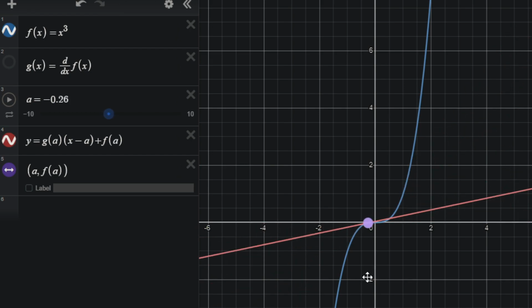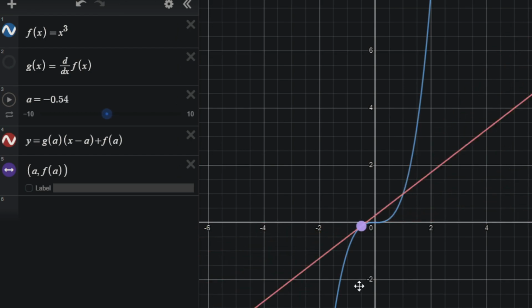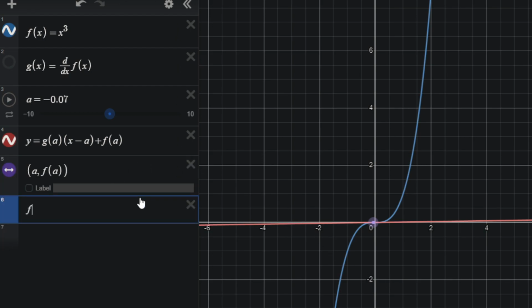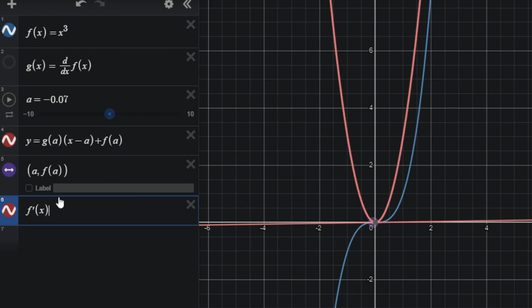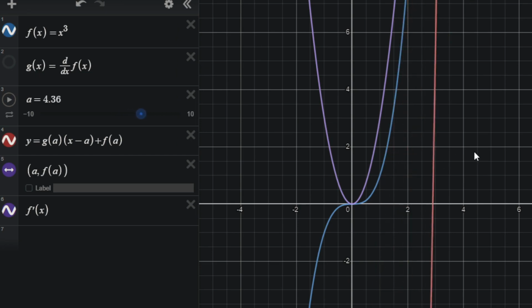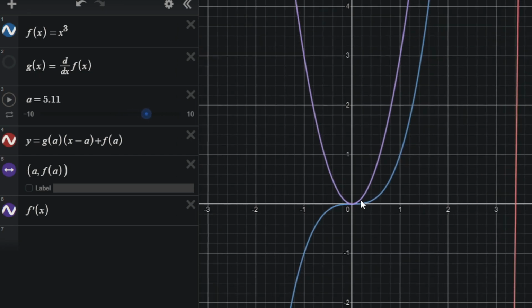Well, if we think about the first derivative, first of all, we know that here the function is always increasing, right? And actually we can just plop the derivative on the graph here since we have this up. I'll move this tangent line out of the way.